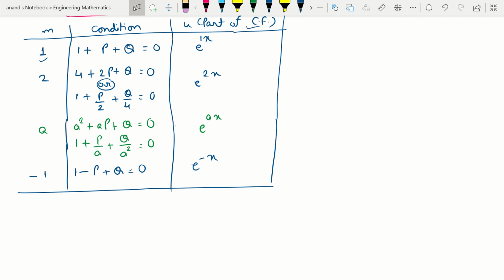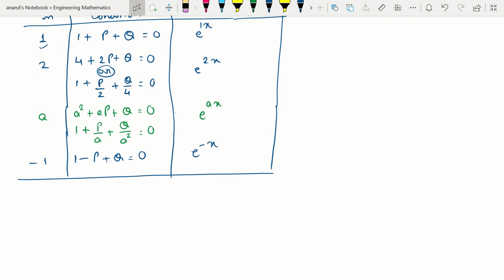Now let us see one more complementary function, and on the basis of that complementary function, again we will determine a particular condition, and further when we move to the problems, then on the basis of that condition we will determine the part of complementary function.